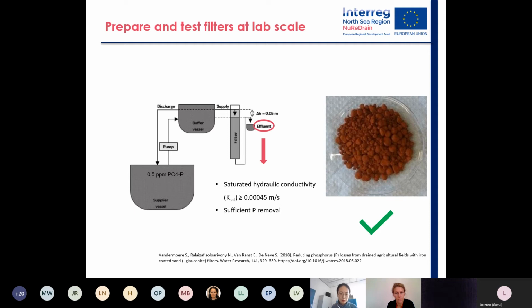Phosphate was pumped from the supply vessel to the buffer vessel, then went through the filter. In this way, hydraulic conductivity and P sorption capacity could be tested. For details of the evaluation, you can also check the paper. In the end, iron-coated sand was assessed to be the best, allowing the peak volume to be processed, meanwhile sufficient reaction time to be kept.